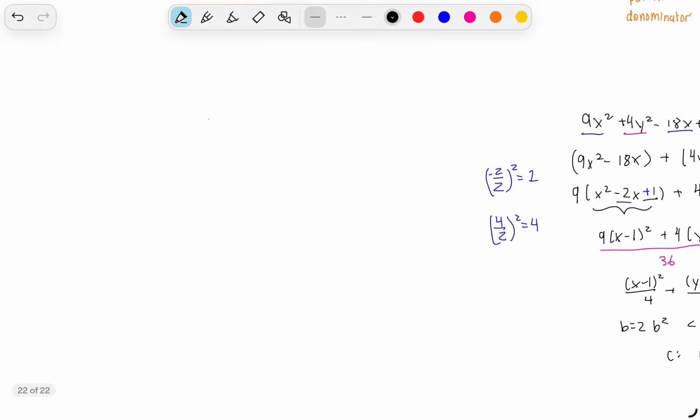So for our next example, we're going to do 4x squared plus 9y squared minus 16x plus 36y plus 4 is equal to 0. Now we can group these after we group our x and y terms together. So now you can factor.